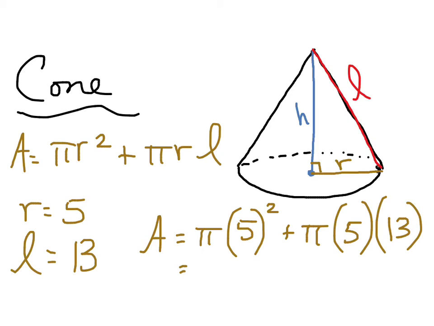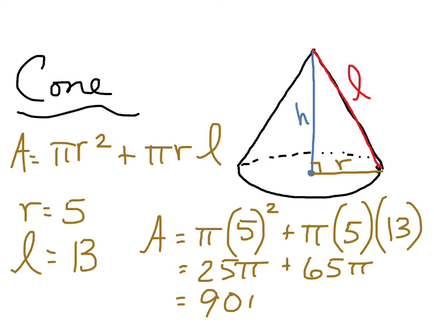Now, I noticed, and I don't remember if it was somebody in this class or if it was in the last hour, but some of you were doing this. For this particular problem, you'd have 25 times pi. Some of you were leaving it as 25 pi, which is not wrong. Okay? And then 5 times 13, does anybody know what 5 times 13 is? 75. Not 75. 65? So then if I add those together, I get 90 pi.